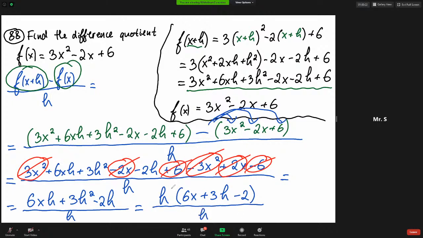So only now can I say h and h are common factors that I can reduce. And there is my final answer. 6x plus 3h minus 2 is my final answer.